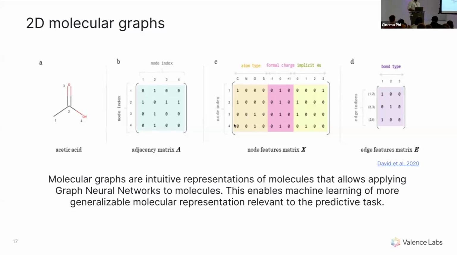So those are trying to transfer the molecular graph information into matrices that you can use for your GNN layers. But you can also try to encode information about the bond, because all bonds are not the same. You have double bond, triple bond, a single bond. So you can try to encode not only the presence of a connection between atoms, but also the type of connection that you have between them, which will be the edge matrix here.